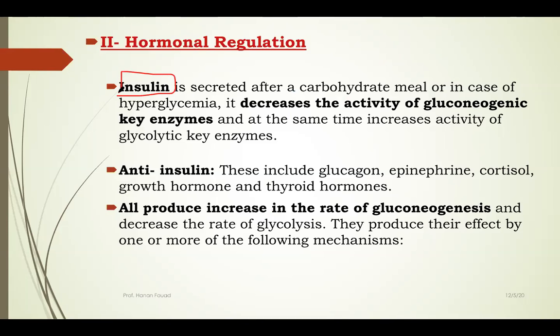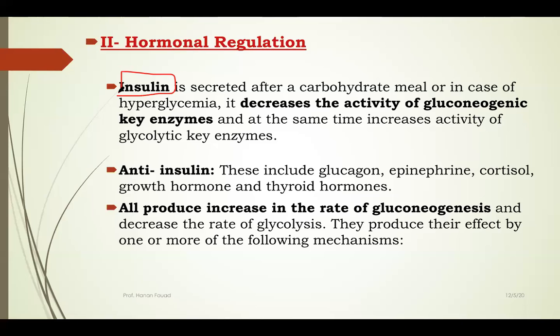Again, insulin increases the activity of enzymes of glycolysis and citric acid cycle, and this means increased rate of glucose oxidation. Insulin prevents the synthesis of the enzymes of gluconeogenesis because we don't need gluconeogenesis after a carbohydrate meal.